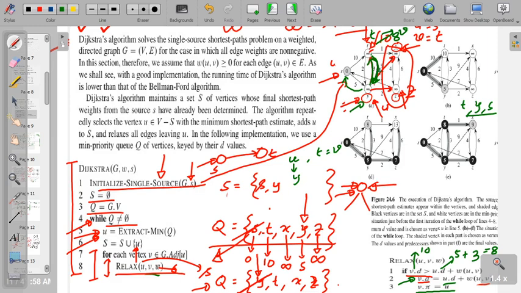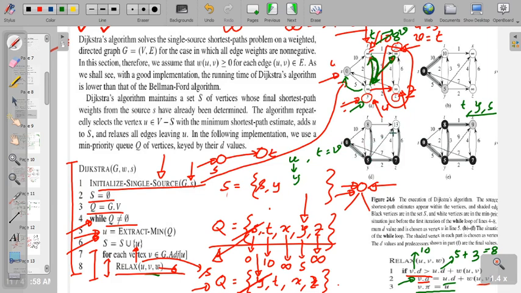So now this one from here to here, you see. This was 5, and this direct cost was 9.